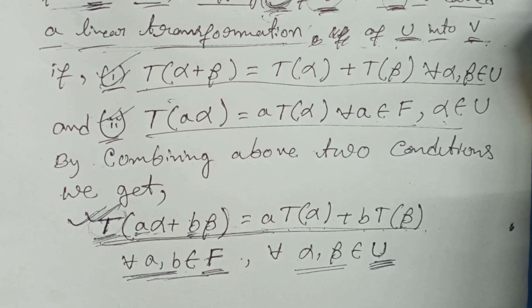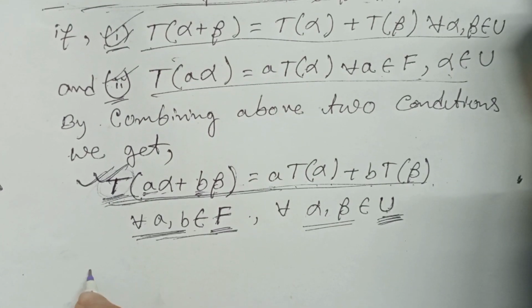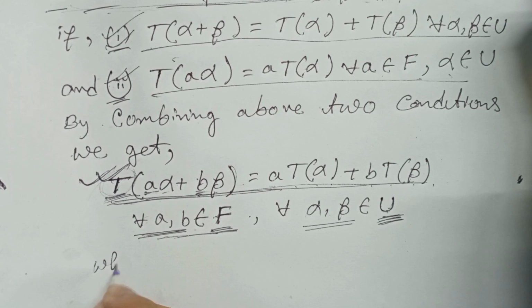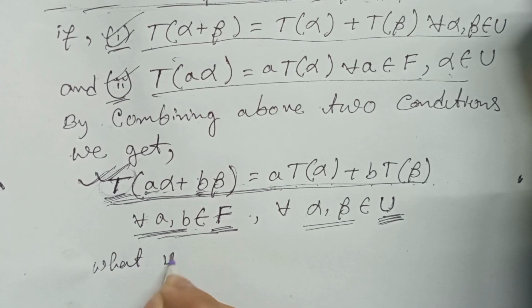One more important thing I forgot to inform you. You might have seen the thumbnail and the first part of the video. It showed linear transformation and one more term was written there: homomorphism, but I didn't speak anything about homomorphism. So what is homomorphism?